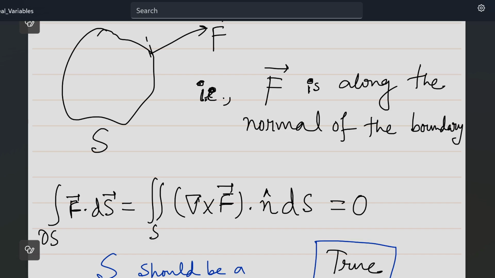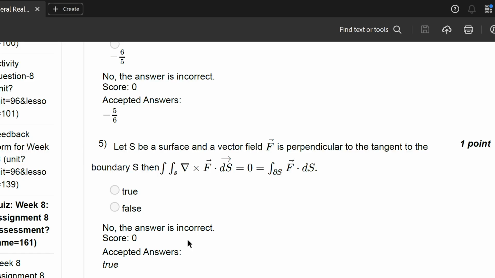No, not S is closed, del S, the boundary, is a closed curve. I think this should be given in the question. Otherwise, you cannot write the surface integral the same as the line integral, because one is equal to 0 and one is equal to this.